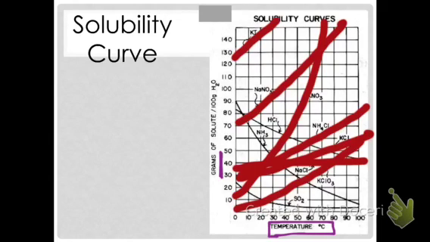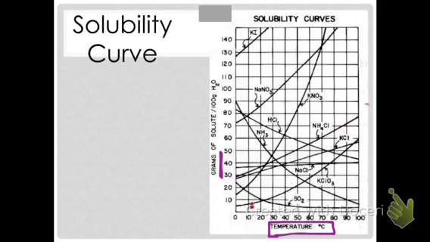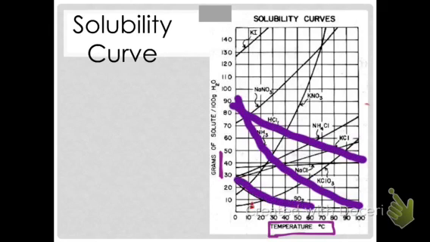But notice that you've got some lines that go down. And I will tell you that with those, you've got 3 on this diagram.